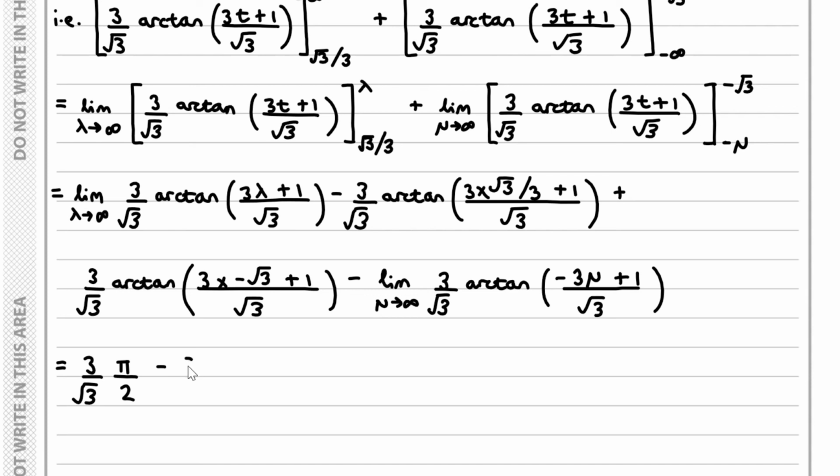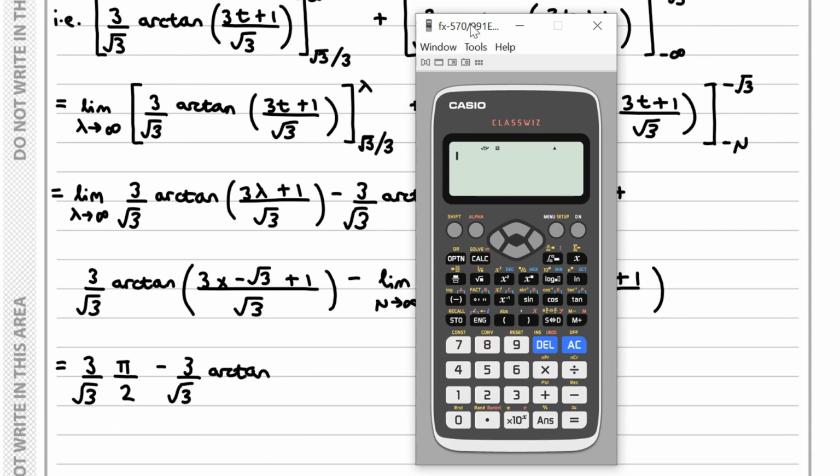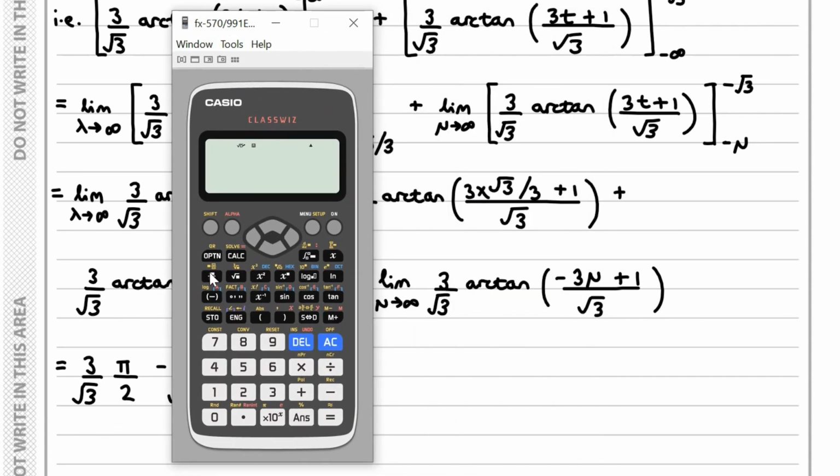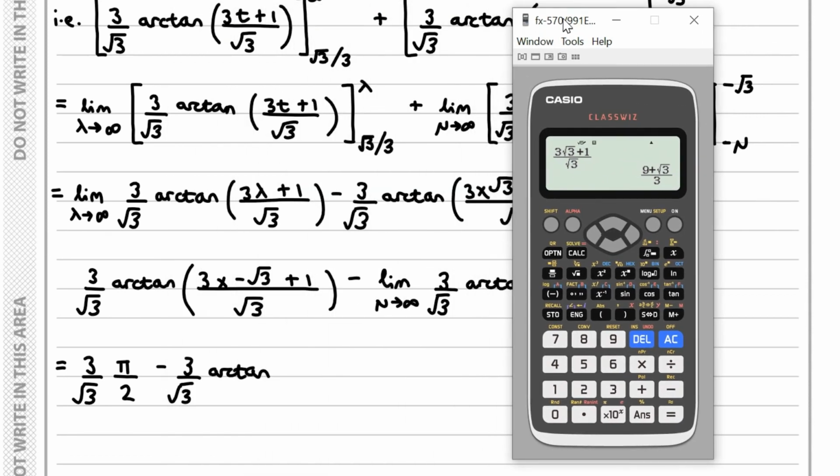And then we subtract off 3 over root 3 times the arctangent of, well, if I substitute all of this into my calculator, what's inside the bracket, we've got 3 root 3, because 3 times root 3 over 3 is just root 3. And then I've got plus 1, and then on the bottom I've got root 3. So here we end up with 9 plus root 3 over 3. So let's just write that down. We've got 9 plus root 3 over 3.